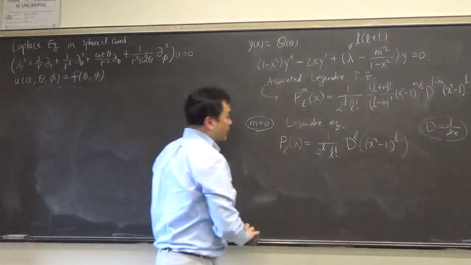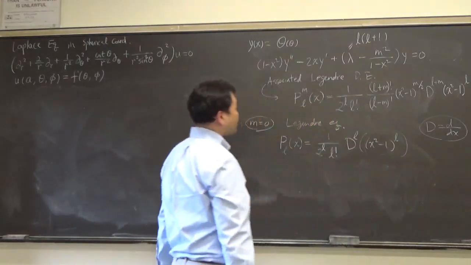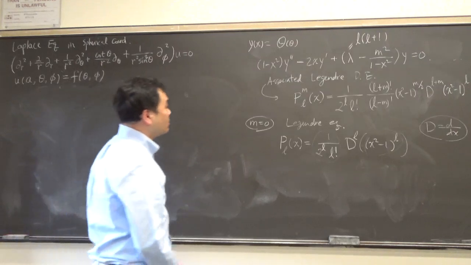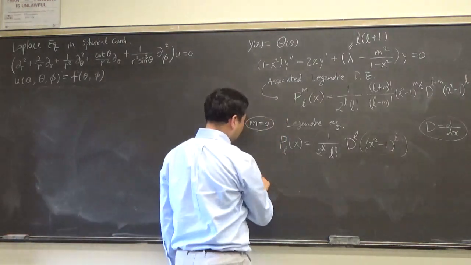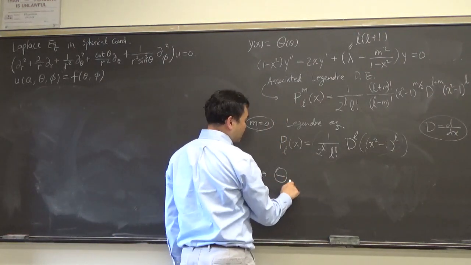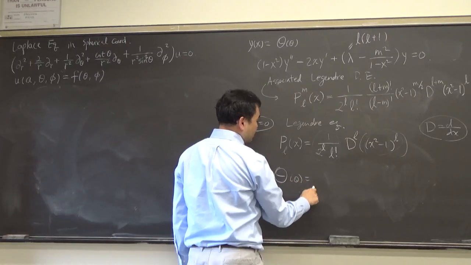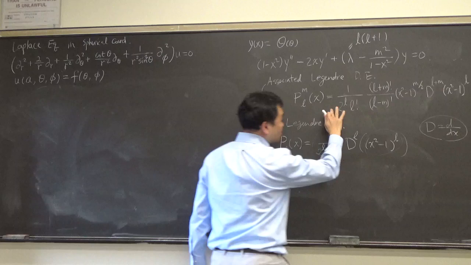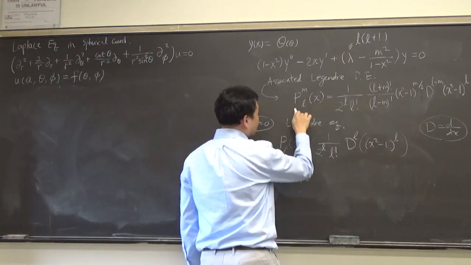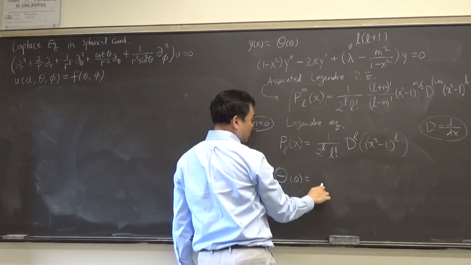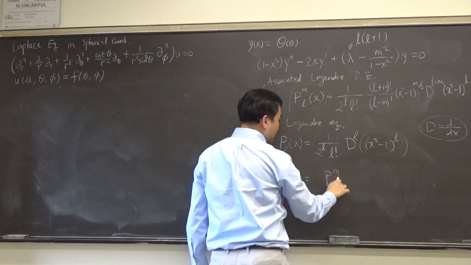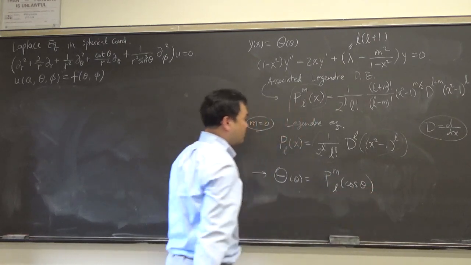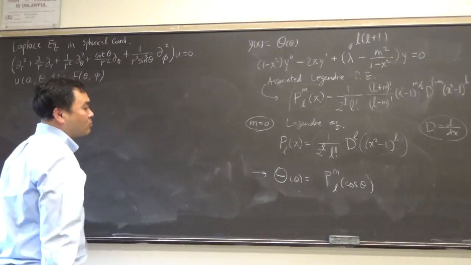Okay, so there are actually two things that we figured out from here. One is that once you have that, the outcome is capital Theta of theta is this y of x, where x is cosine theta, so you have to use this formula to get this thing. So it will be P_L^m(cos theta).